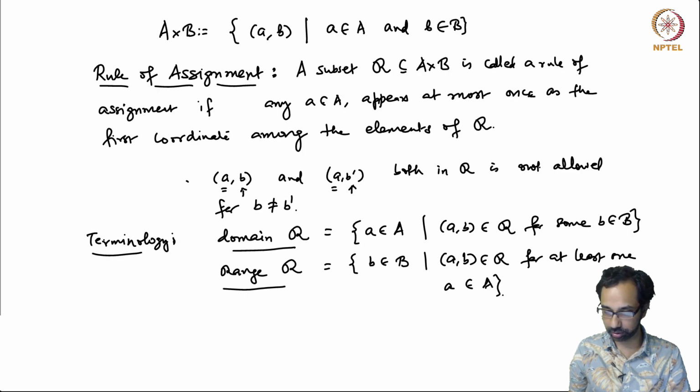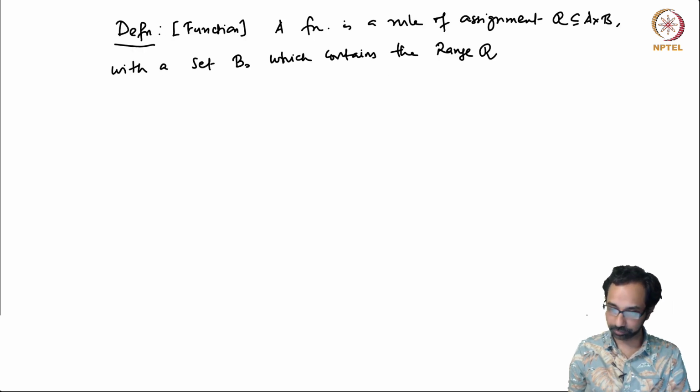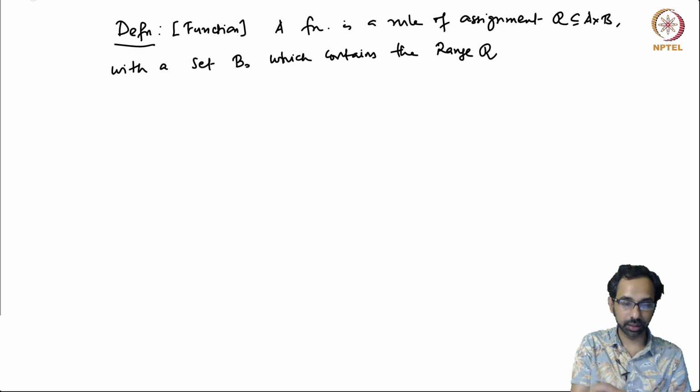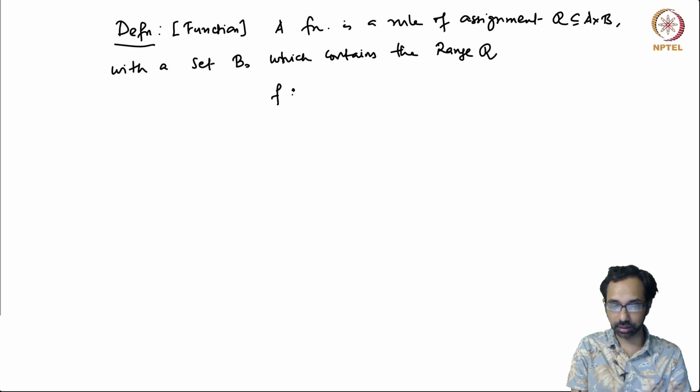So let me mention here, sometimes this is also called the image of R. Okay, and so a function can be written like this: f with a colon, and you write A and then B naught.